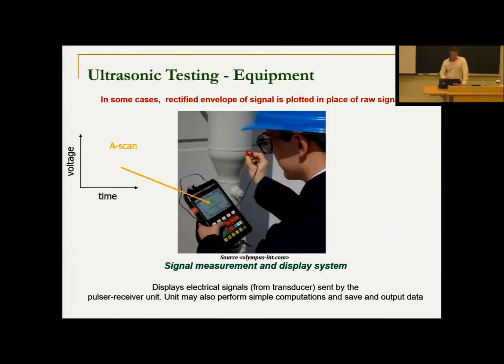So here's an example of how it can be used. Here you see an inspector. He's holding this transducer in his hand, which is an angle beam. It's sending ultrasonic energy in. He's looking at this welded connection of this pipe, and he is just looking at how this wave travels and comes back. And here he's looking at a plot of voltage, the output versus time, and he's looking for reflections, right? He says, oh, that reflection is from the back wall of the pipe, but this small reflection here is something I don't expect.